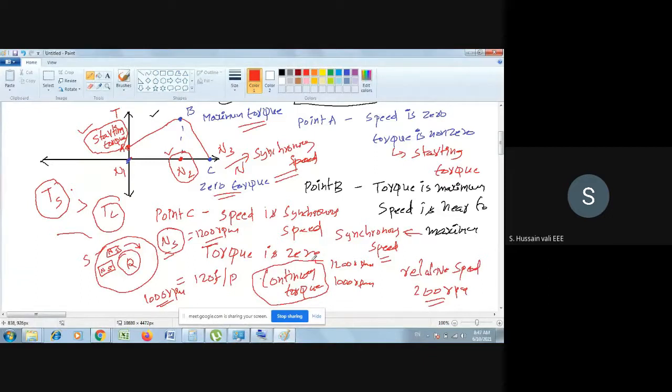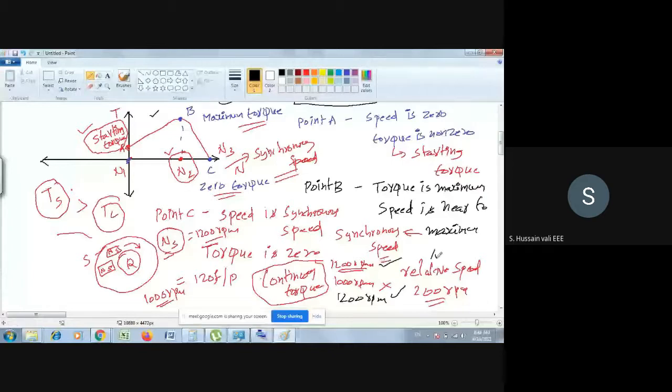Whereas if you think that the rotor is also running at synchronous speed, in the sense that the stator's rotating magnetic field speed is 1200 rpm and the rotor speed is also 1200 rpm, then both the speeds are the same.